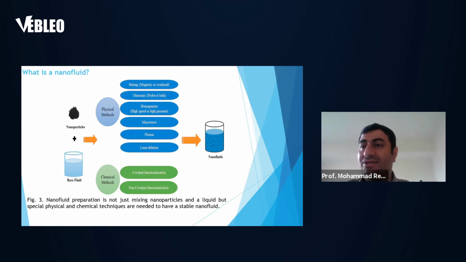So now we know what nanofluid is and how they make it. This topic can be continued, but because today we are working on numerical methods, I just close the topic here. And maybe in the future, in another talk, we can talk about how these nanofluids can be prepared and how their thermophysical properties and other properties can be measured. Okay.